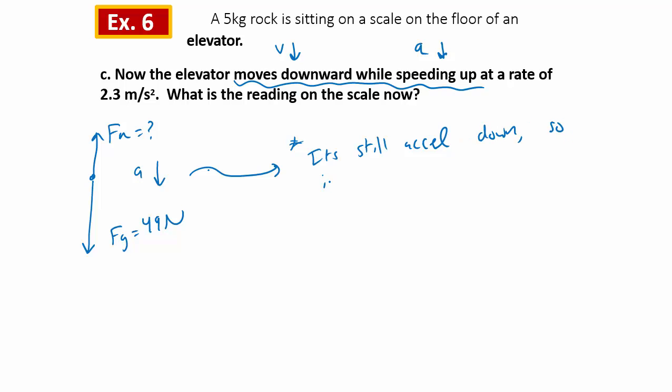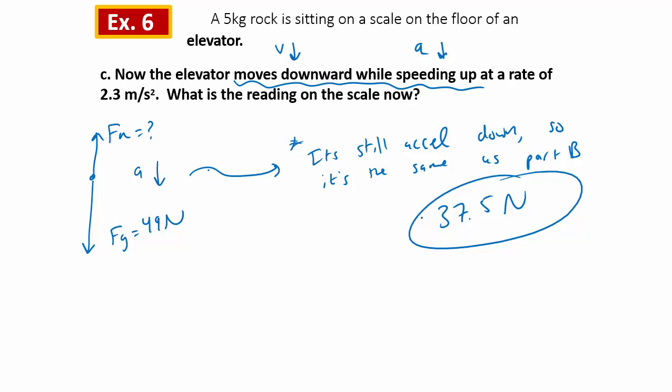So we just did this problem where it was accelerating down at 2.3 meters per second squared. It's the same as part B, which is 37.5 newtons. Okay, so what this means is that when I think about when I actually ride an elevator, we feel that lighter feeling, like we don't weigh as much, two times in the elevator.